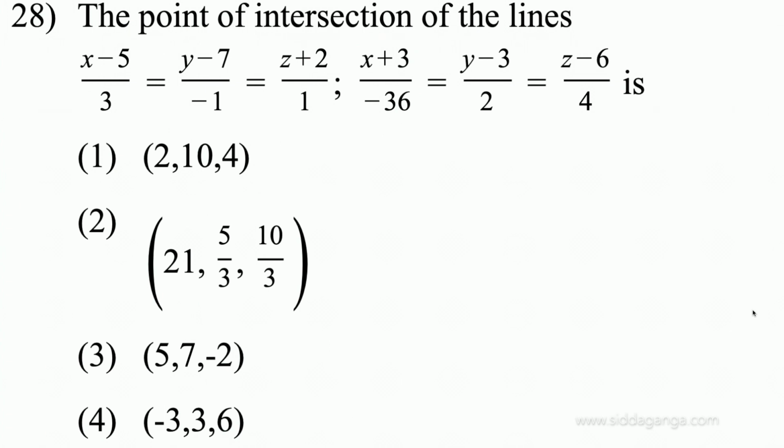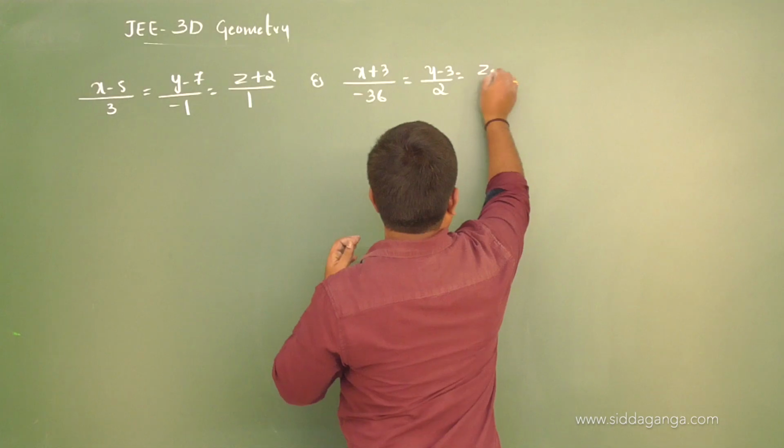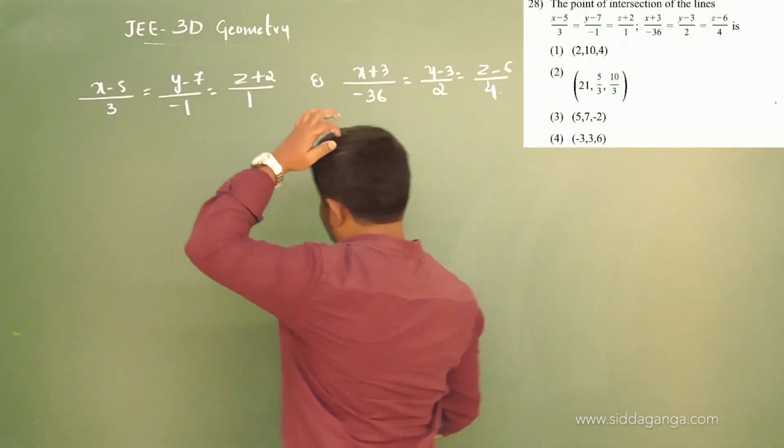Here we have two lines: (x minus 5)/3, (y minus 7)/minus 1 and (z plus 2)/1. And the second line is (x plus 3)/minus 36 equal to (y minus 3)/2, that is equal to (z minus 6)/4. We have to find the point of intersection.